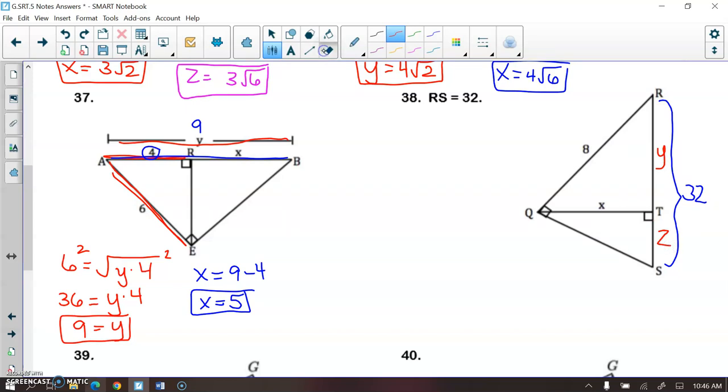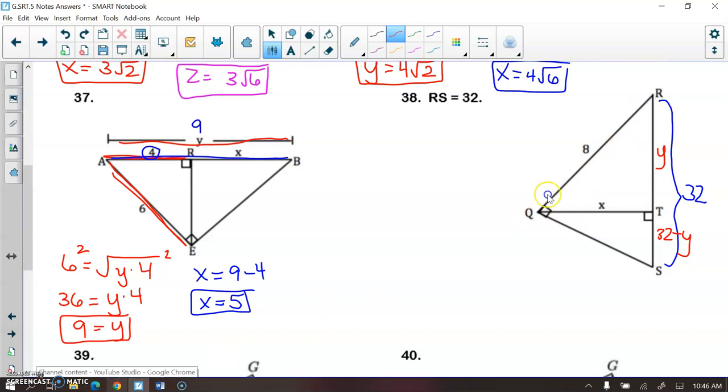But there's a way that we can do this without using y and z. We could just use the variable y. If RS is 32 and RT is y, then that means that I can label TS 32 minus y. Now, if I use the altitude, that would give me 2 variables. So let's actually use this leg first.